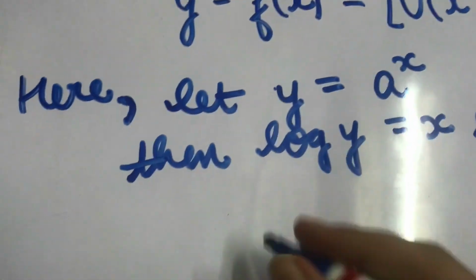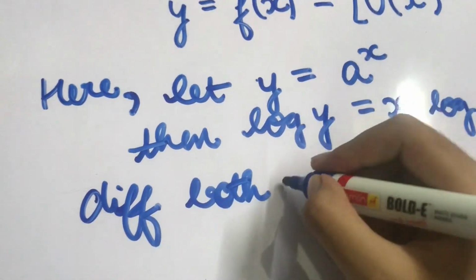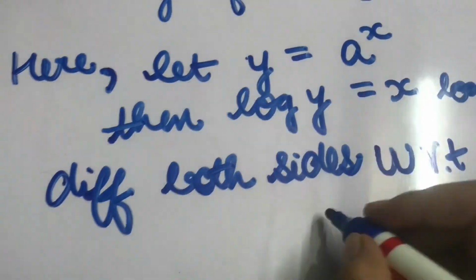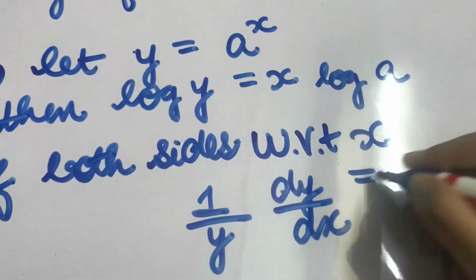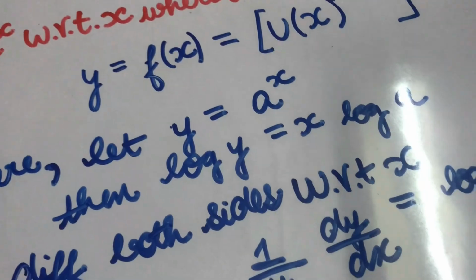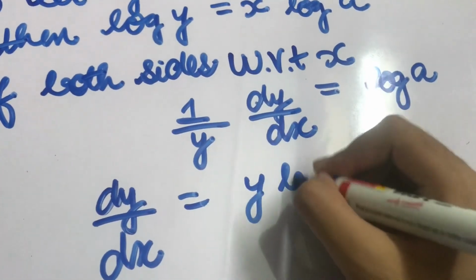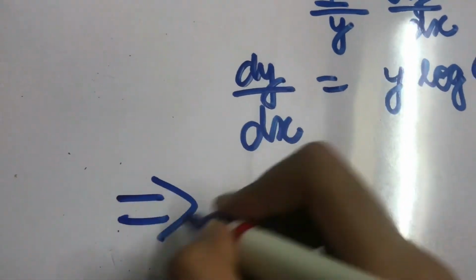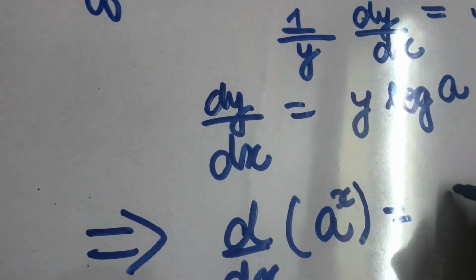And after this step we just have to differentiate both sides with respect to x, and this will give us 1 by y dy by dx equals log a, and then dy by dx equals y log a, and this will eventually give us the answer that d by dx of a raised to the power x equals a raised to the power x log a.